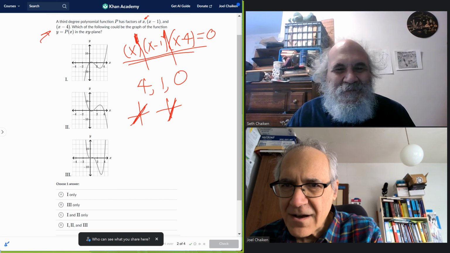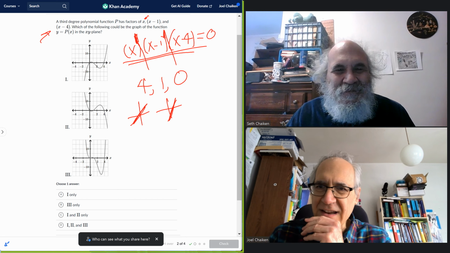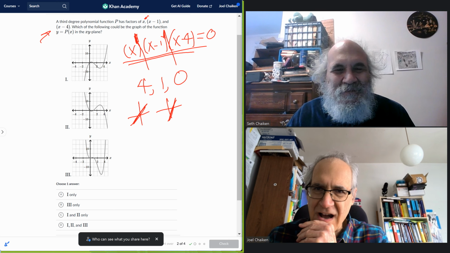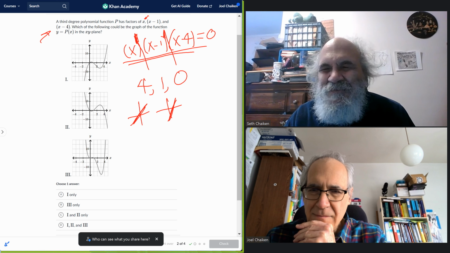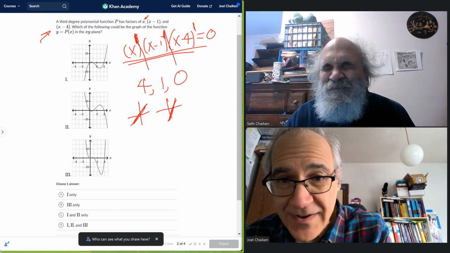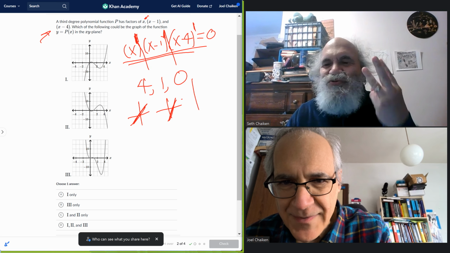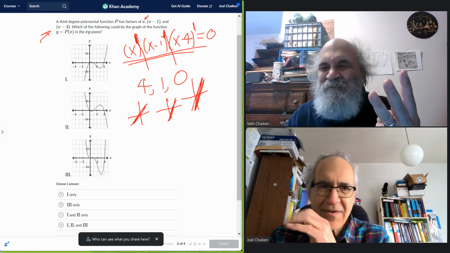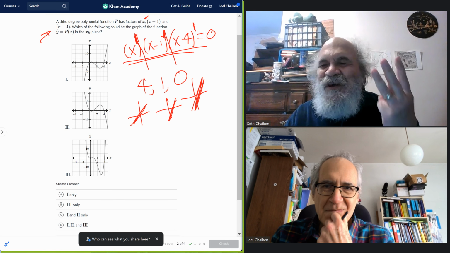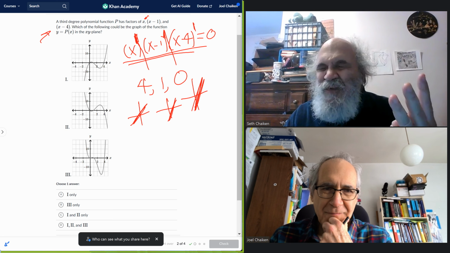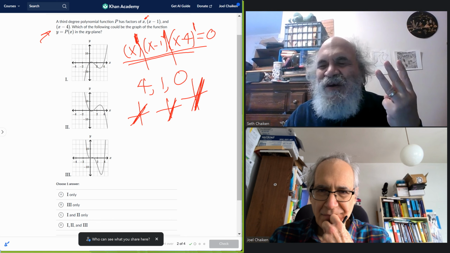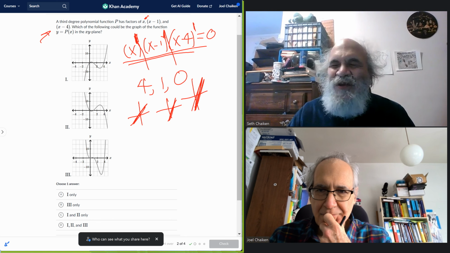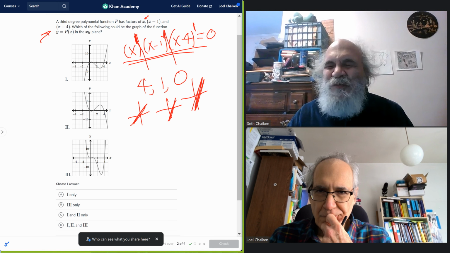Oh wait, they don't tell us what the multiplicities are. But they tell you it's third degree. They gave you 3 different roots, and they told you that the degree is 3, therefore there are precisely 3 roots. They're all different, so none of the roots have more than 1 multiplicity.